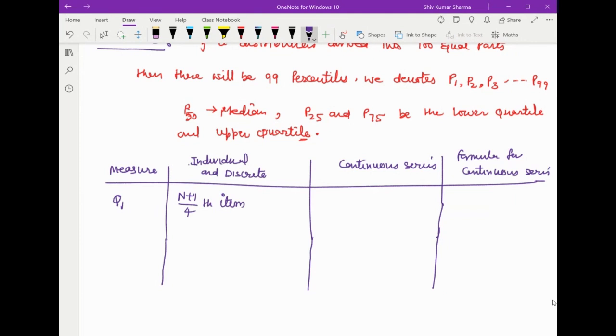For an individual series, n is the number of terms; for a discrete series, the summation of f is used as n. Remember. Second, for a continuous series, we calculate the n by 4th item.